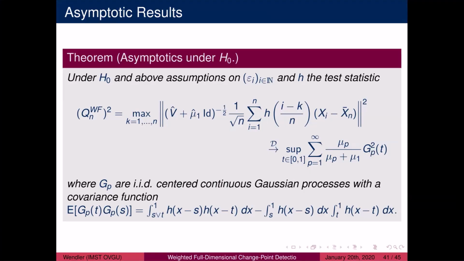Now we can write down the limit. It looks similar as before, only here we don't have Brownian bridges, we have some other covariance structures. Well, we have to calculate it for every h. That's a complication, but of course, nowadays we have computers.